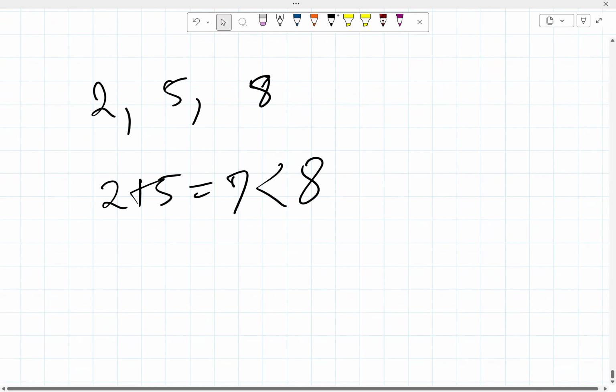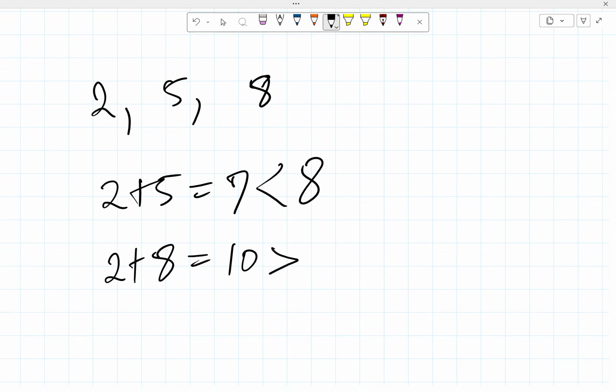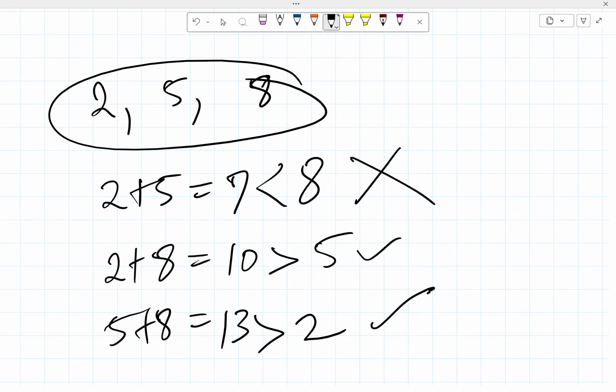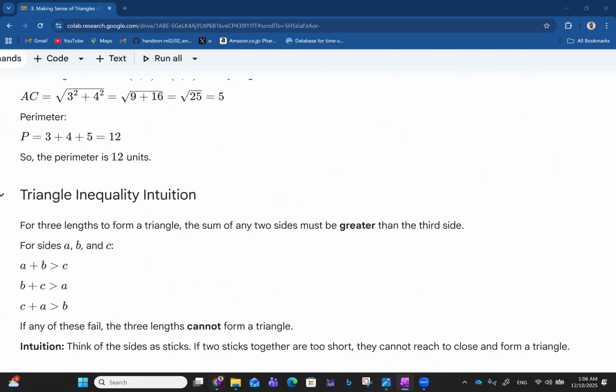Then 2 plus 8 is equal to 10, which is greater than 5 for sure. Then 5 plus 8 is equal to 13, and it is greater than 2. So these two are bigger, but this one makes it not possible. You cannot have a triangle with sides 2, 5, and 8. As far as the triangle inequality is concerned, that won't work.